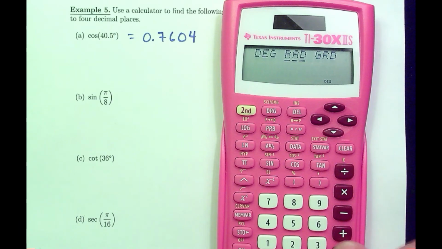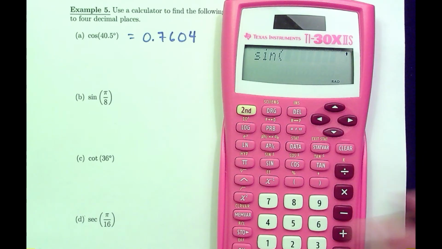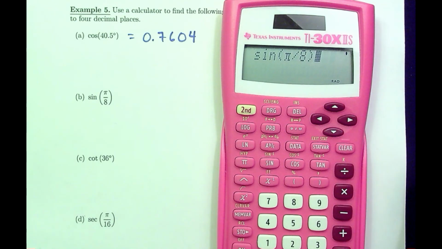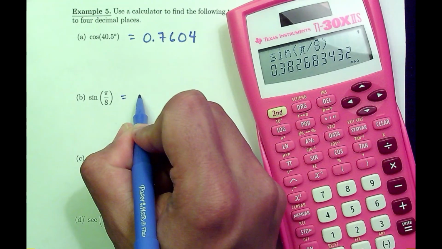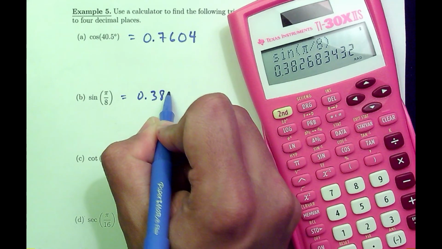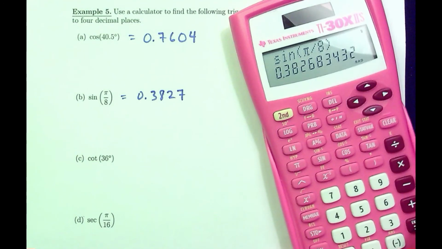Now it says radian. So when I enter pi over 8, my calculator understands that it is radians, not degrees, and it's going to calculate the sine correctly. The sine of pi over 8 is 0.3827, rounding to 4 decimal places.